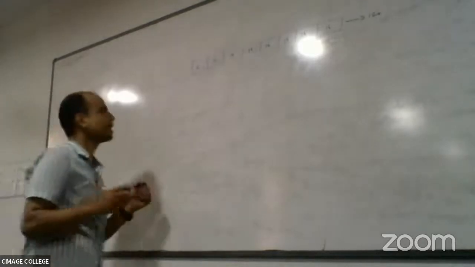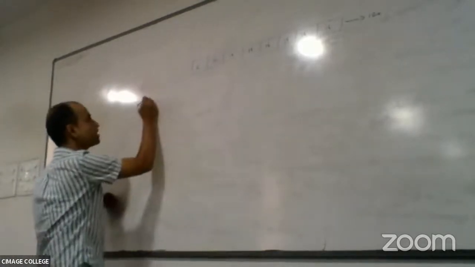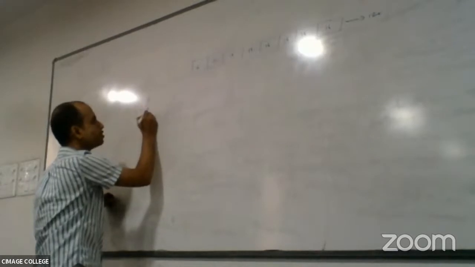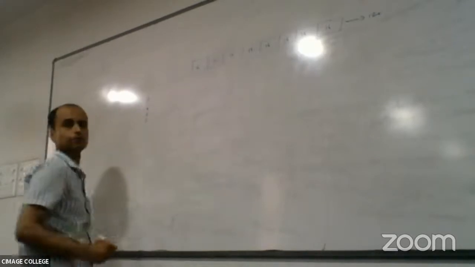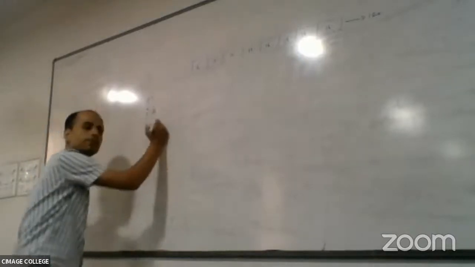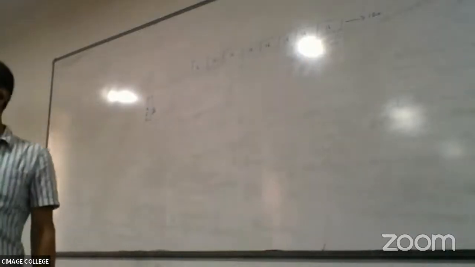In hexadecimal, there are a total of 16 characters, 0 to 9, and then A to F. To form 16 numbers, how many bits are used?